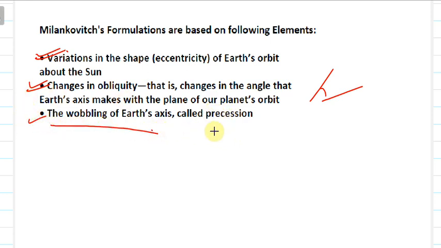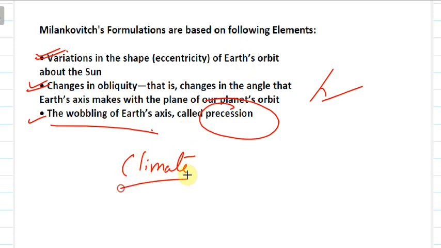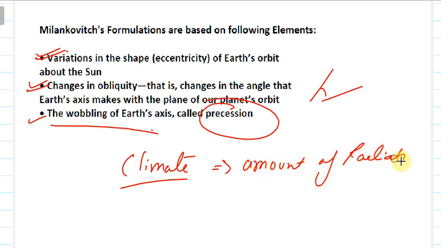The wobbling of the Earth's axis is also one of the factors responsible for climate change. Because in turn climate change is what? The amount of radiation received by the Earth.